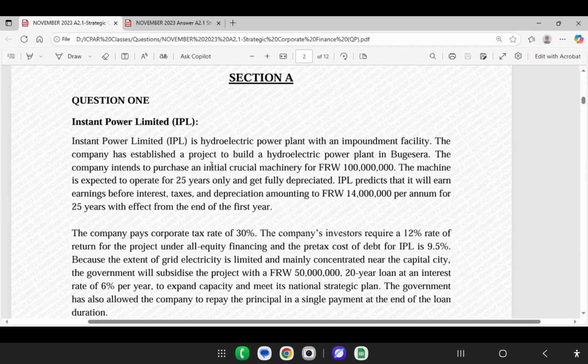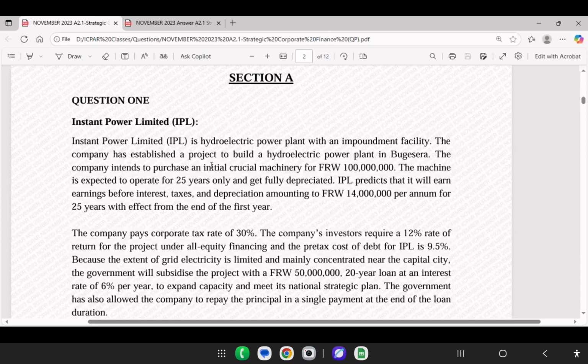The company's investors require a 12% rate of return for the project under all equity financing, and the pre-tax cost of debt of 9.5%. Because the extent of grid electricity is limited and mainly concentrated near the capital city, Rwandan francs, 20-year loan at an interest rate of 6% per year.